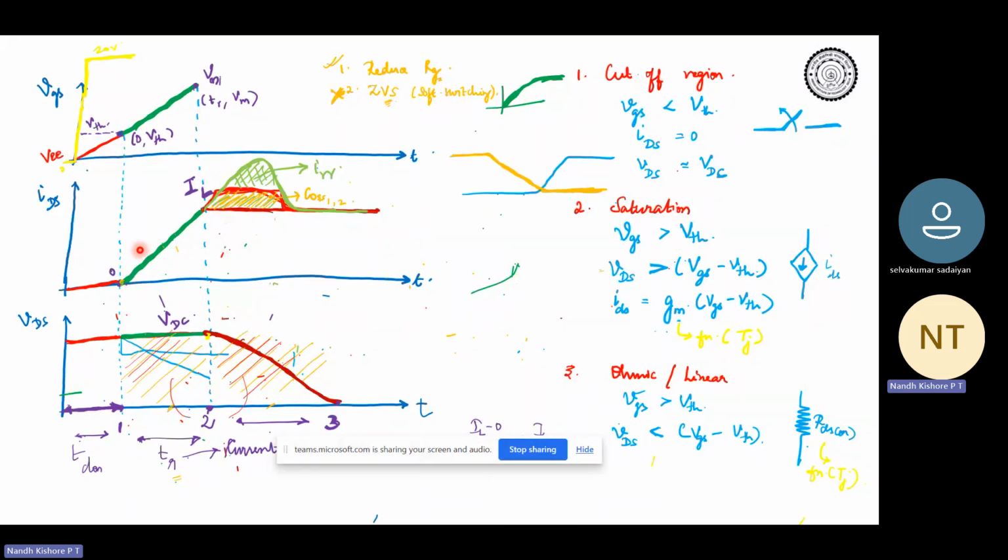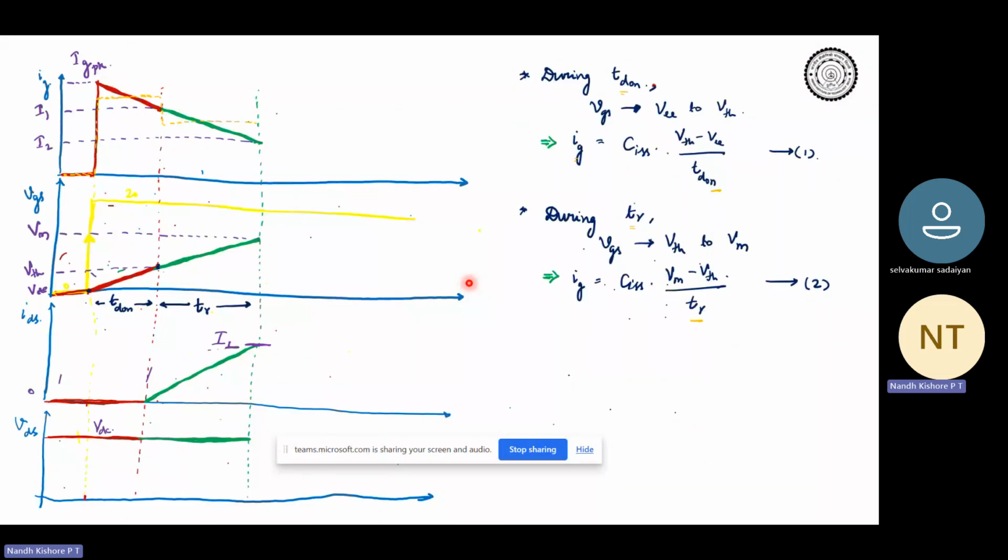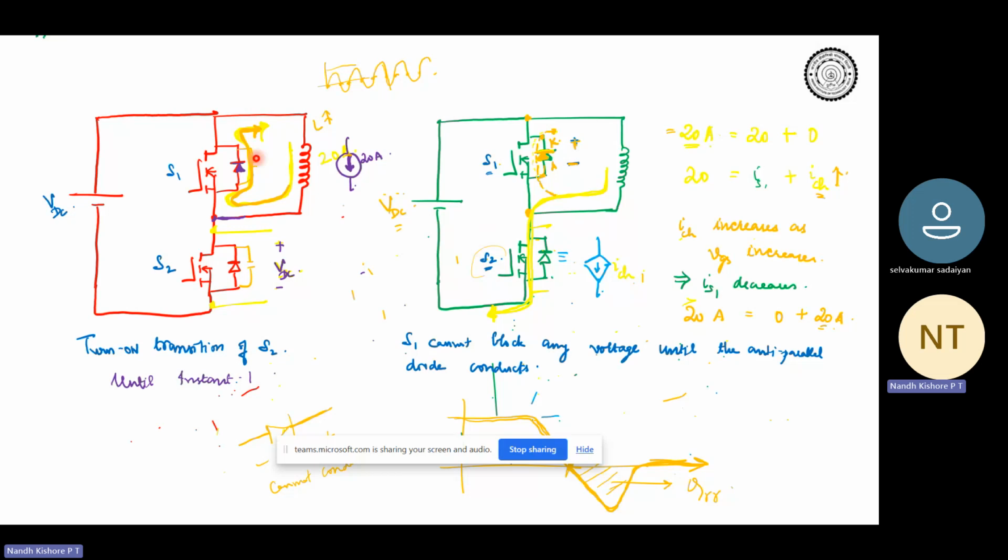So I channel is a controlled current source, voltage controlled current source. As VGS increases, I channel increases. Then we saw that there would come a point at which this I channel has risen so much that it equals the inductor current. Initially, zero current was flowing through S2. Let's say 20 amperes, the entire 20 amperes was flowing through the body diode.